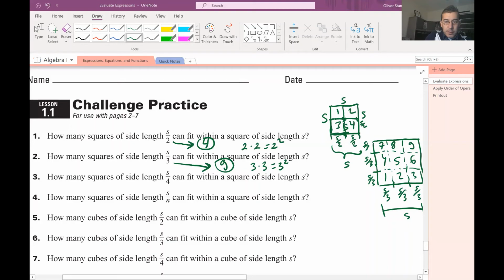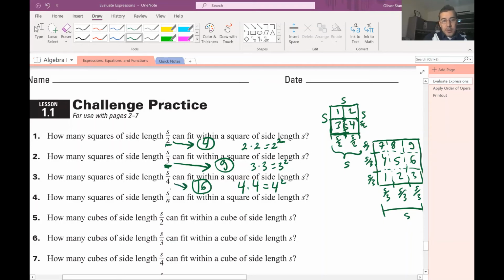So it's always squared: whatever the denominator, we square that to get how many squares of side length s over that number x, let's say, the denominator. Okay, so in this case, for number 3, when s over 4, then we can say 4 times 4, or 4 squared, that's 16. So 16 is the answer.